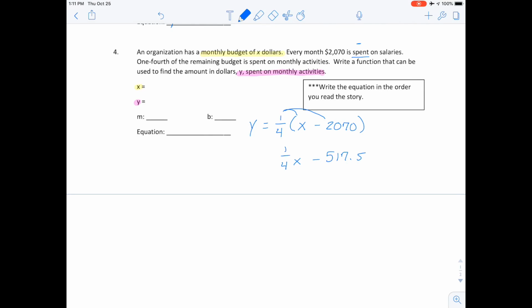We didn't label X is the monthly budget of X dollars. And then Y is monthly activities. Okay, so in this problem, our slope, our m value is 1/4, and the y-intercept is negative 517.5. All right, so our equation, y equals 1/4 x minus 517.5. And there you have it.